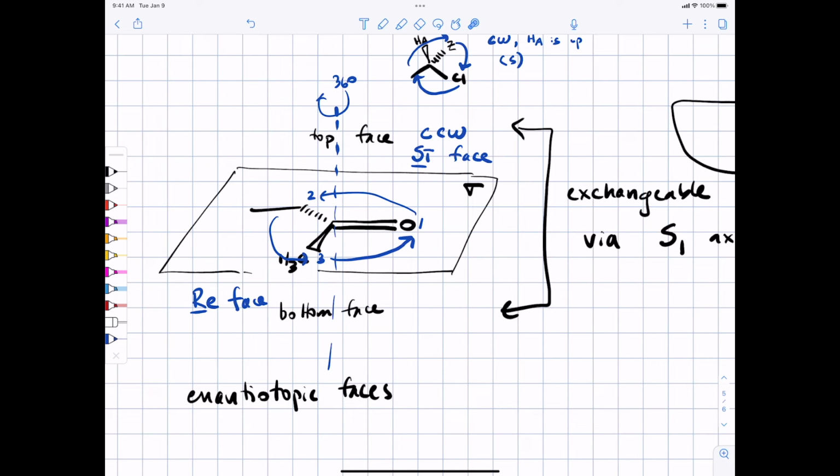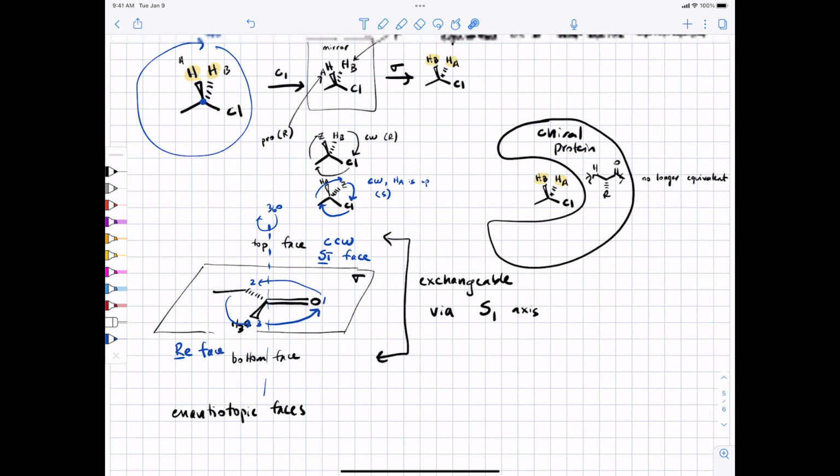Why do you rotate 360? And rotating 360, will it not take it back to the same spot? It does. The simplest improper rotation axis is a 360-degree rotation followed by a mirror plane.